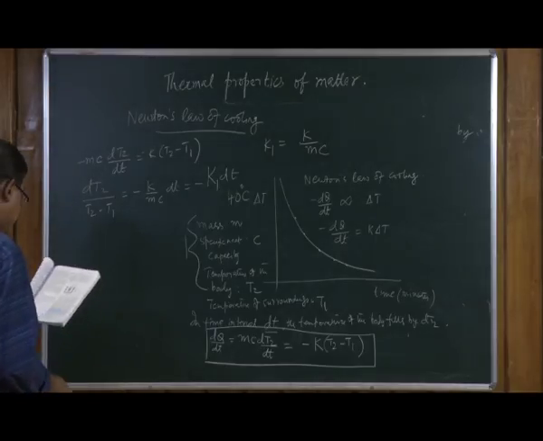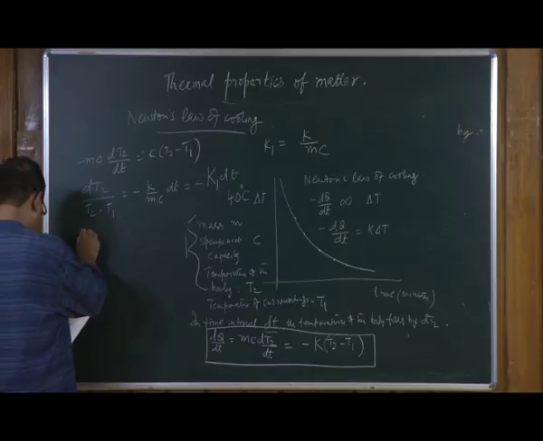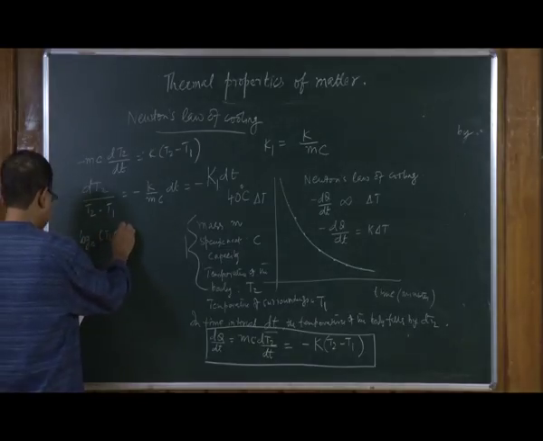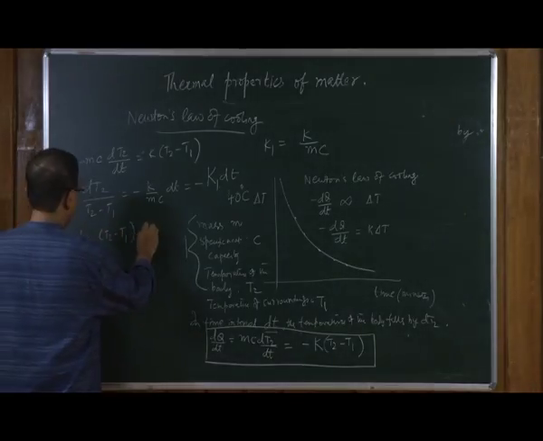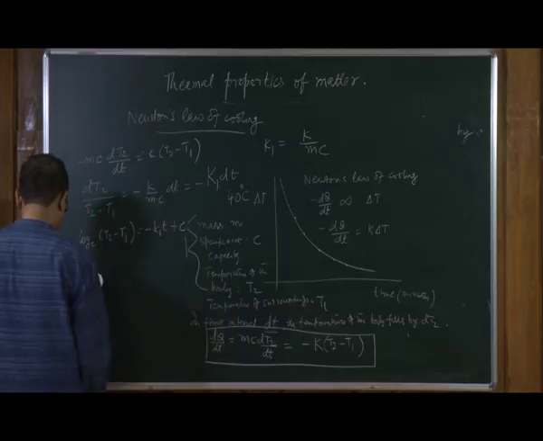And this equation can be simply integrated, and one will get log base e of (T2 minus T1) equal to minus k1 t plus some constant of integration.